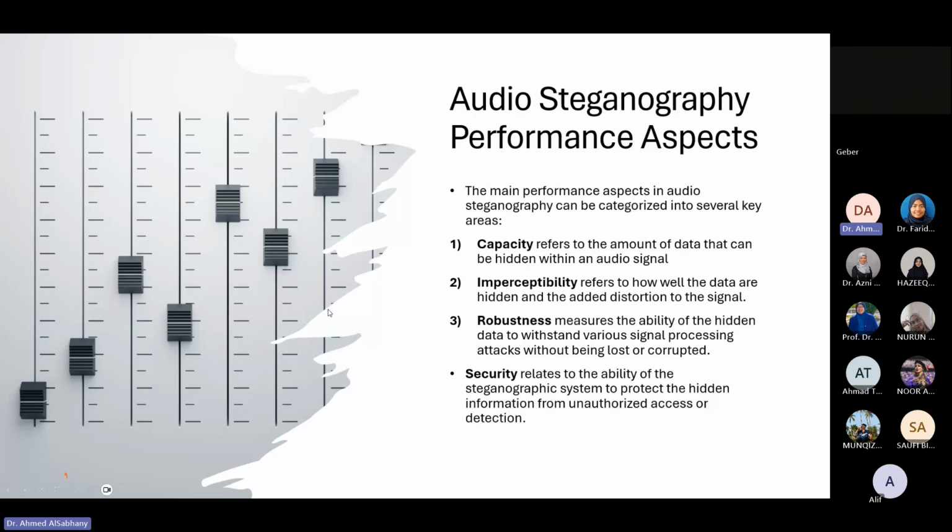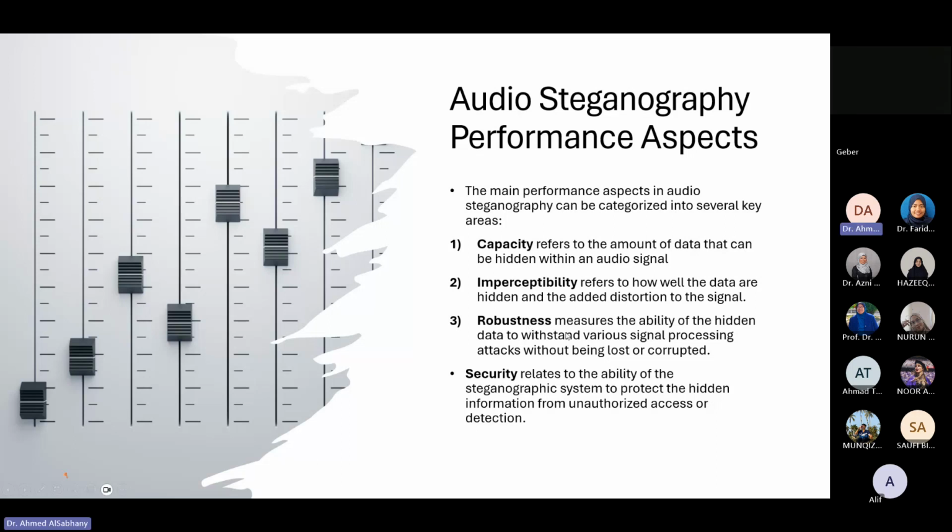And if we are creating a huge amount of damage on the signal, this means that the method is creating perceptible noise. Sorry.